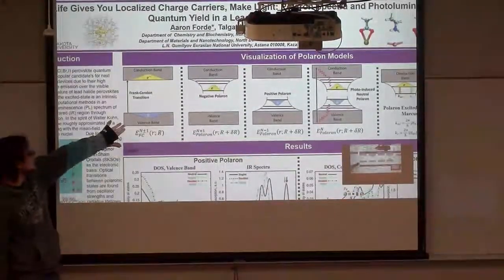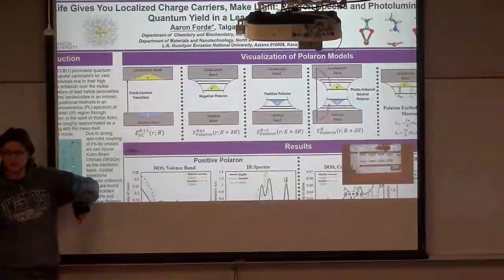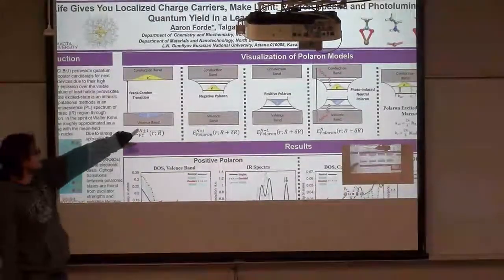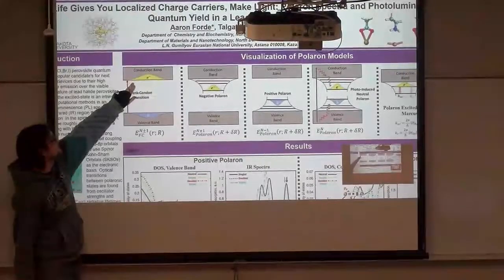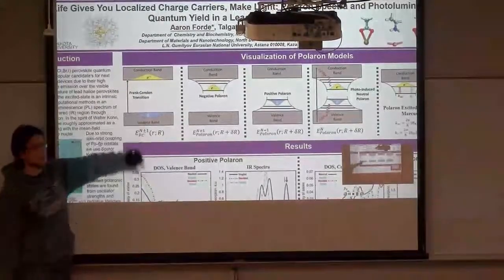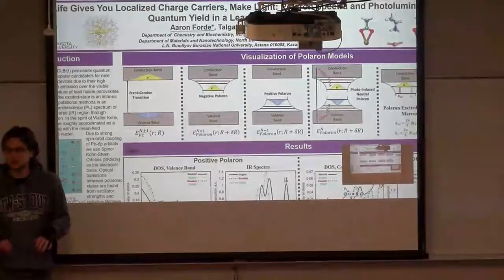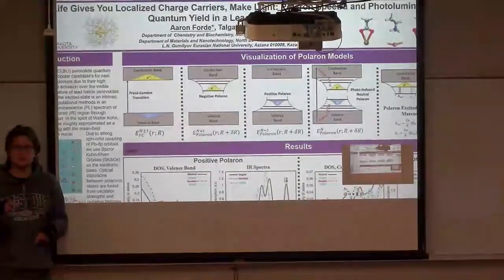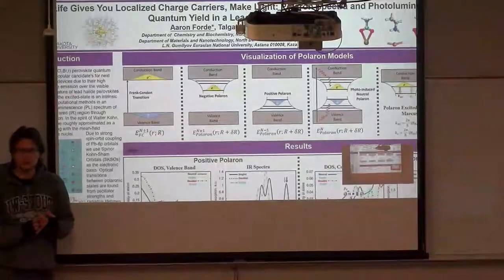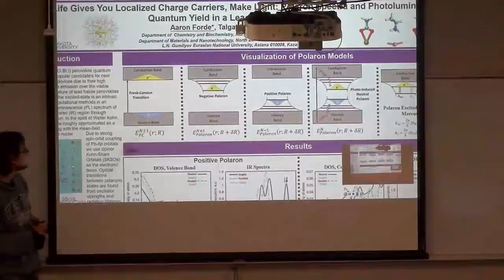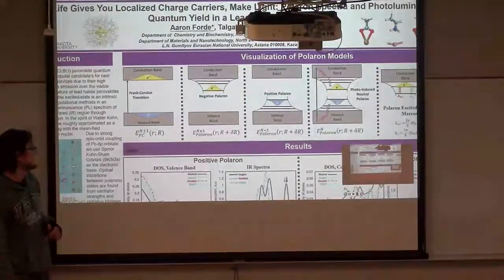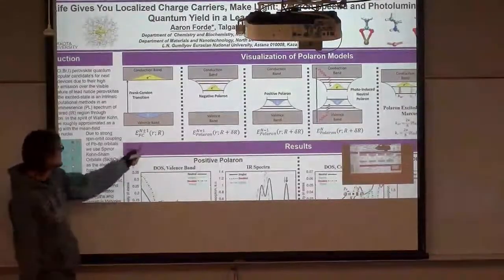To do that, we use a Franck-Condon approximation, which essentially is you put in either just a single electron or introduce a single hole or both into the model, and then just do a single point calculation. So you don't let the ions move or optimize around the new charge. So that's the definition of a Franck-Condon transition.